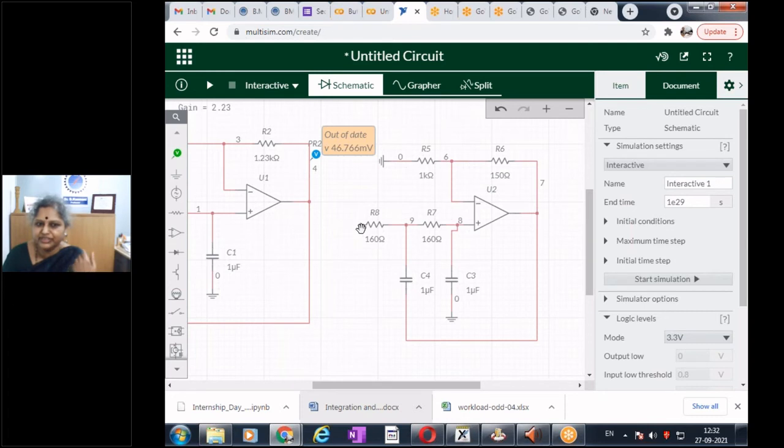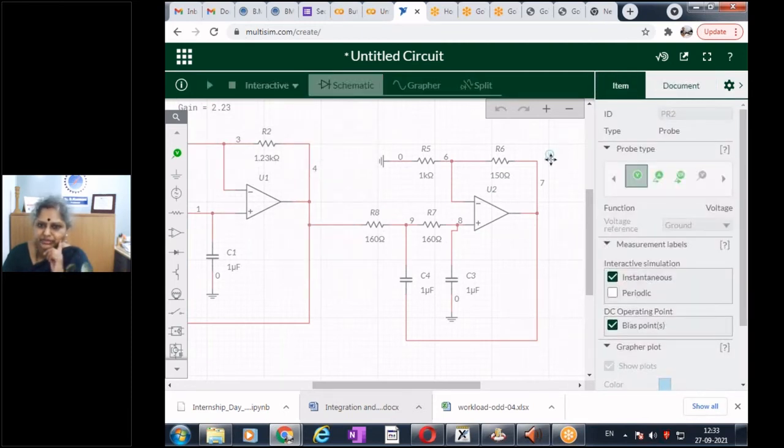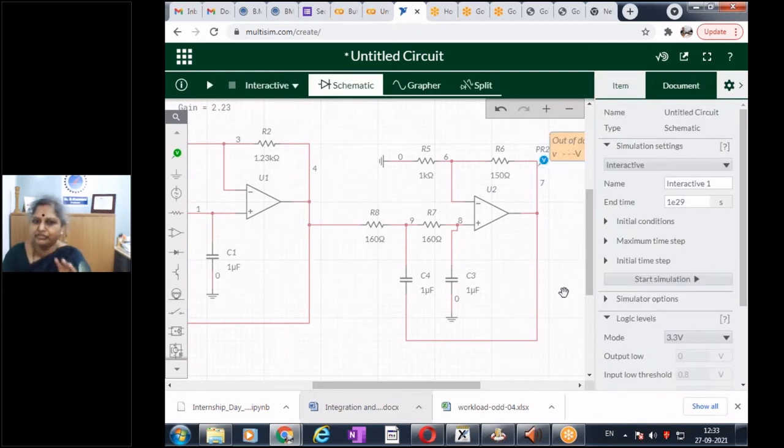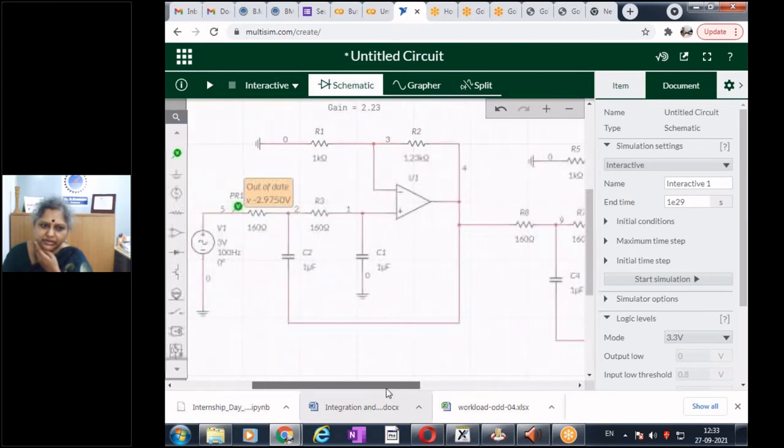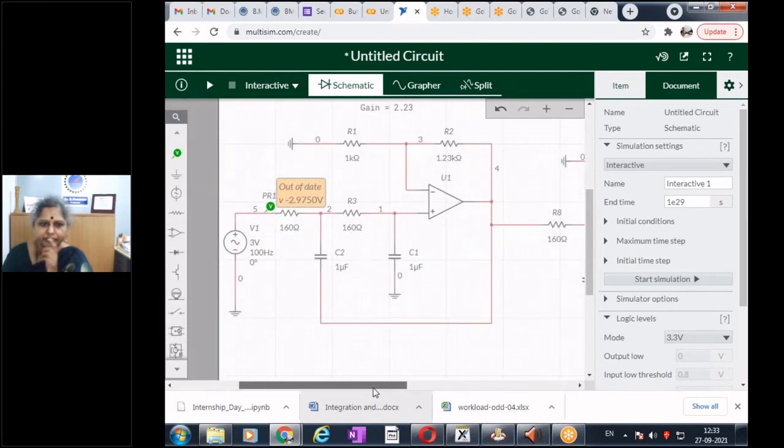The output of the second stage becomes the input of the first stage, so this also I connect. Now where should I see my output? I have to see my output here. I pull my output, and so now I have a fourth order filter. This has a gain of 1.15, and this is what I have.